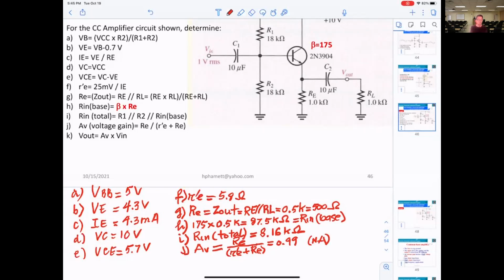So in order to calculate the VL, that's easy, right? You take 0.99 times 1 volt.